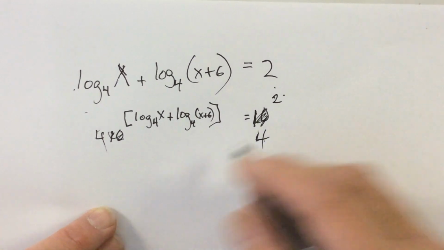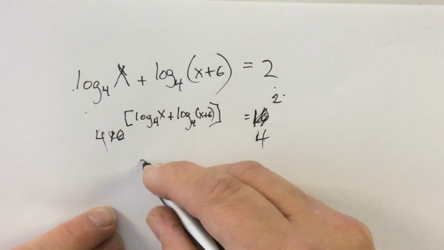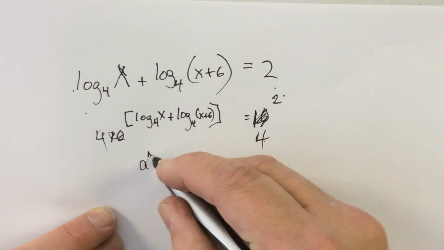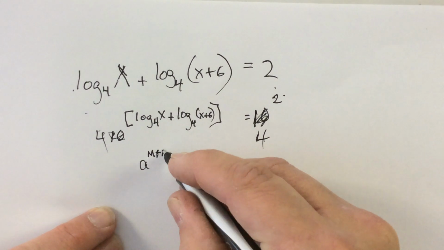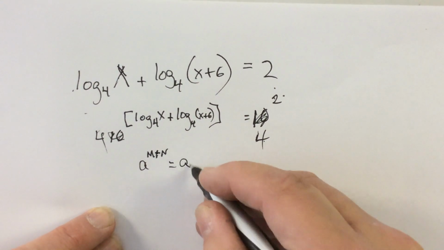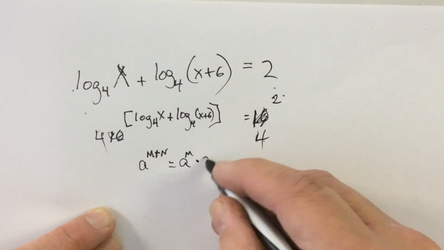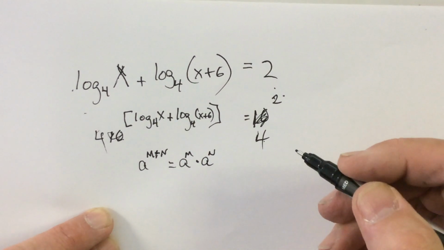Now, we know that a to the m plus n is equal to a to the m times a to the n, right?